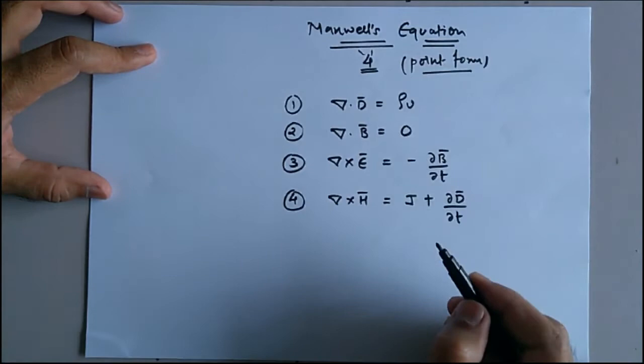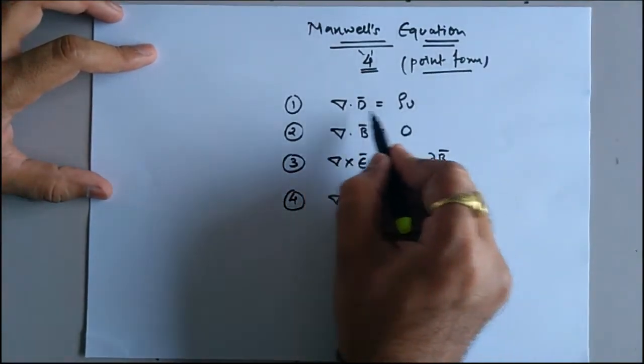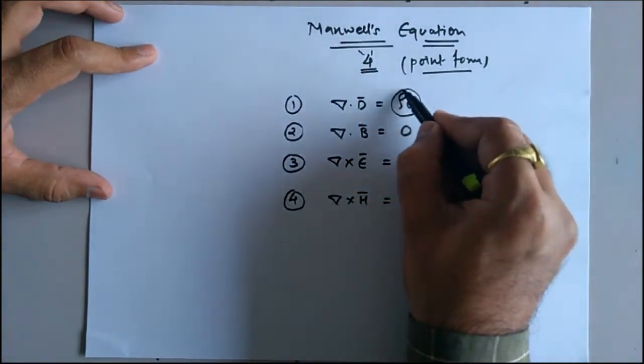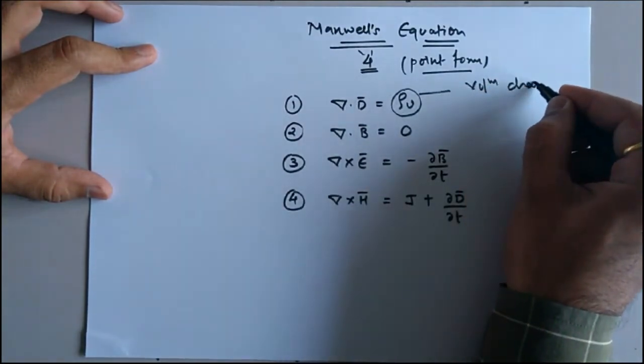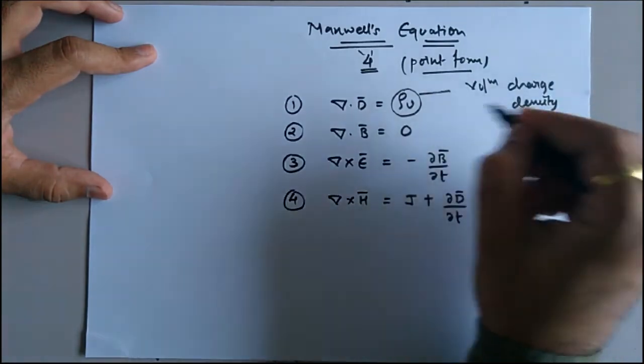Now let us try to understand the physical significance of these equations one by one. The first equation is del dot D bar equals rho v. Here rho v indicates volume charge density, charge per unit volume.